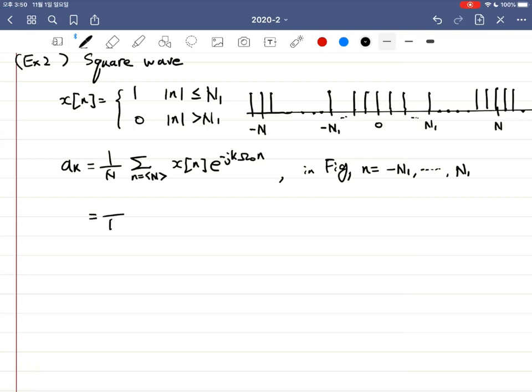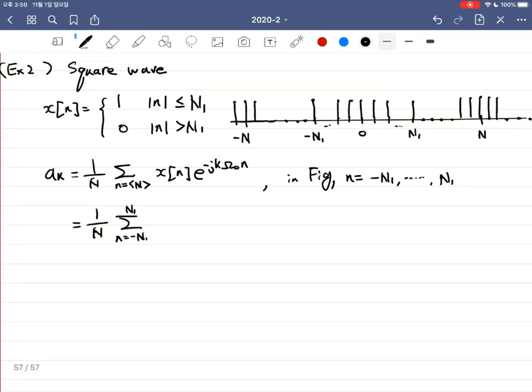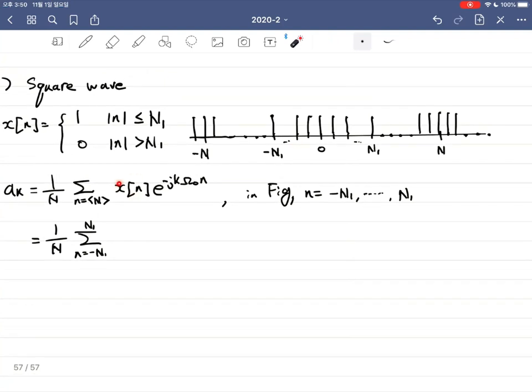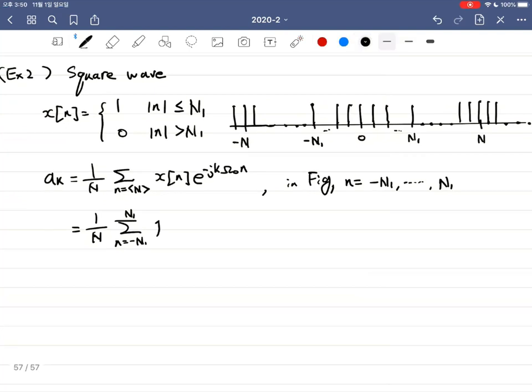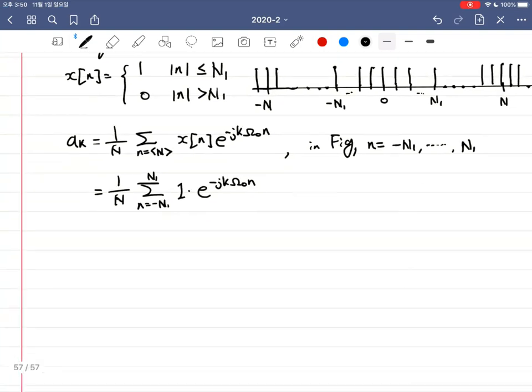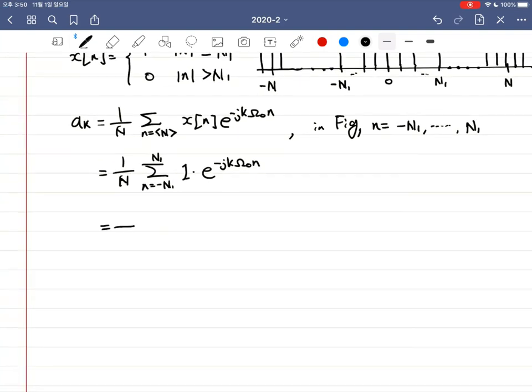So this equation becomes 1 over N, the summation with n from minus n1 to n1. And what's the value for x[n]? It's 1, right? So I get 1 times e to the minus jk omega 0 n. And this means that this summation is a finite summation now, okay?